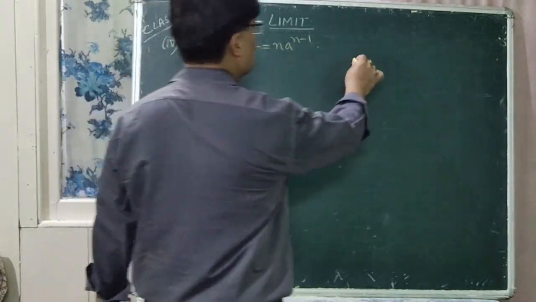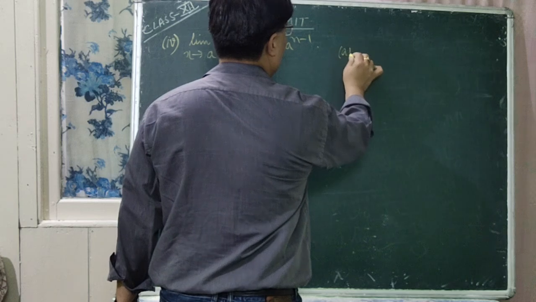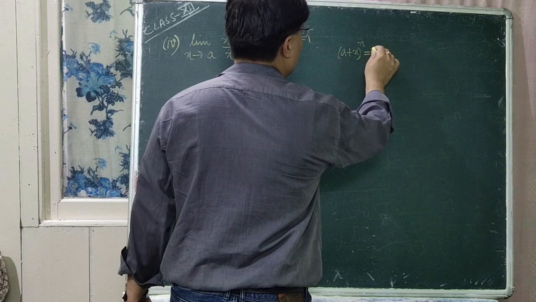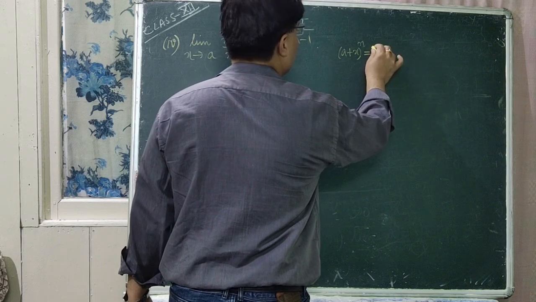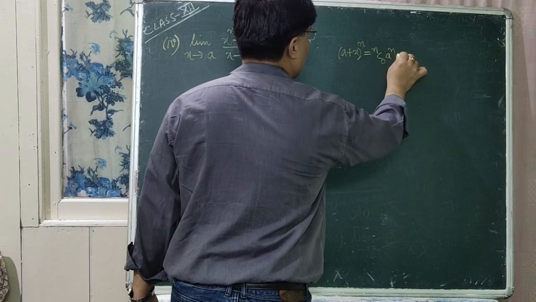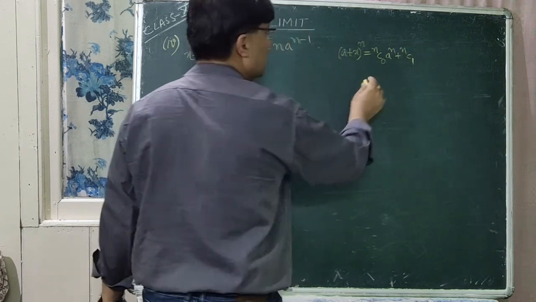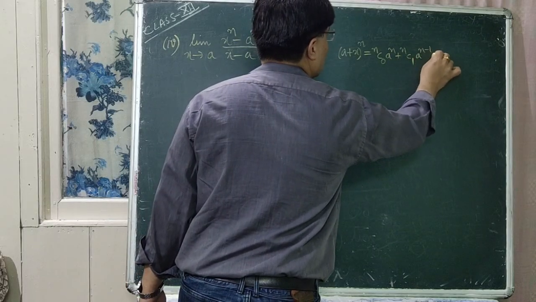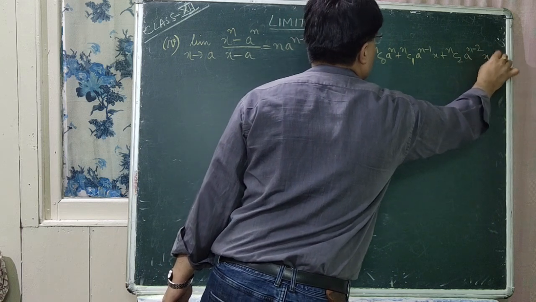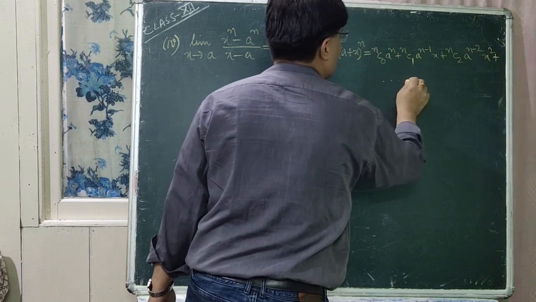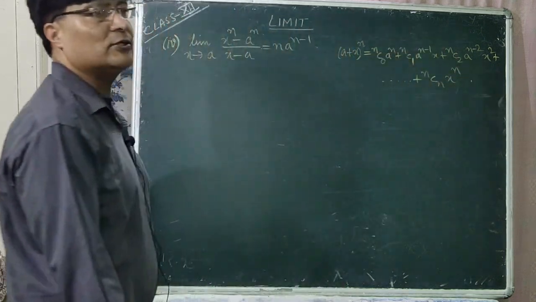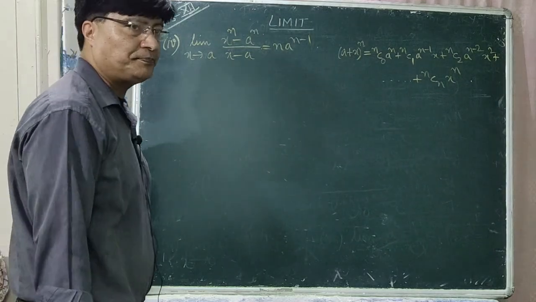The binomial expansion: (a plus x) whole to the power n is equal to nC0 a to the power n plus nC1 a to the power n minus 1 x plus nC2 a to the power n minus 2 x square plus dot dot dot plus nCn x to the power n. This is your binomial expansion.